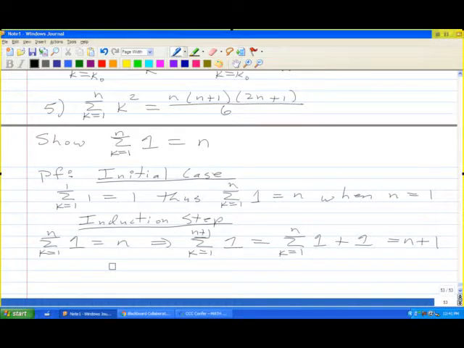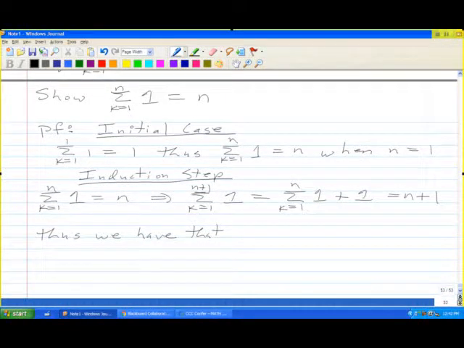So thus, we have shown the induction step, that if the formula is true for n, then this implies that it is true for n plus 1.